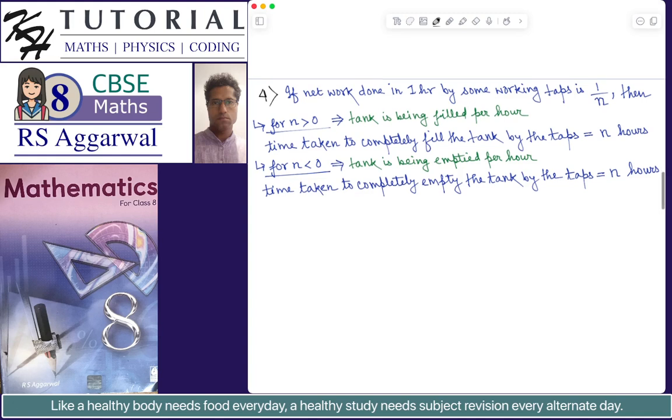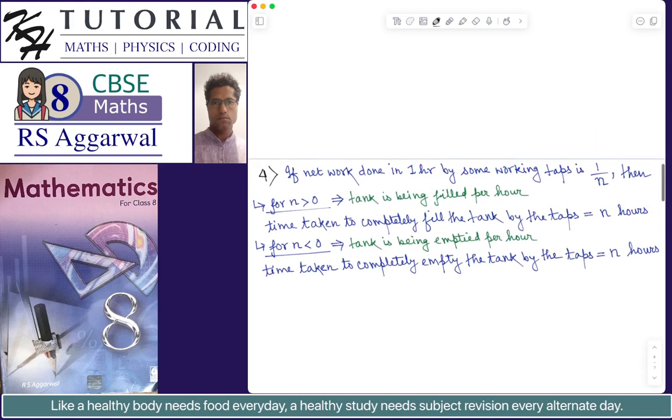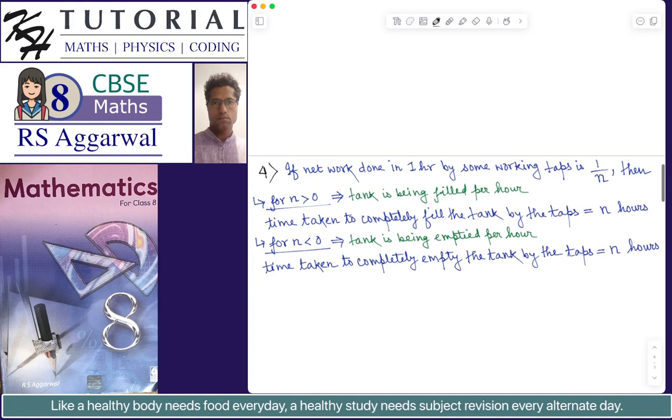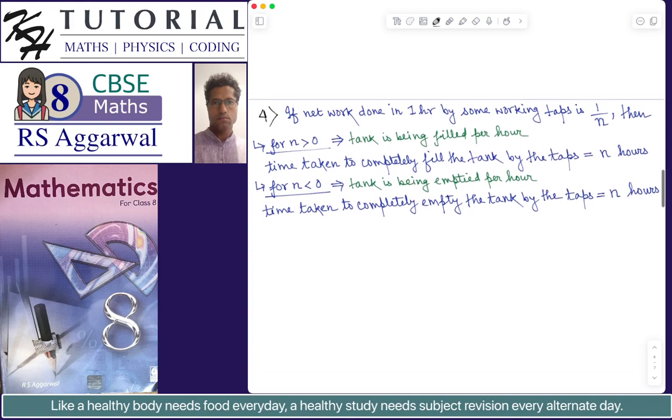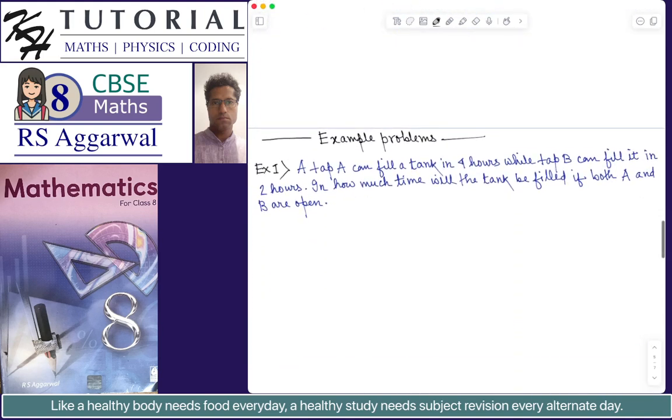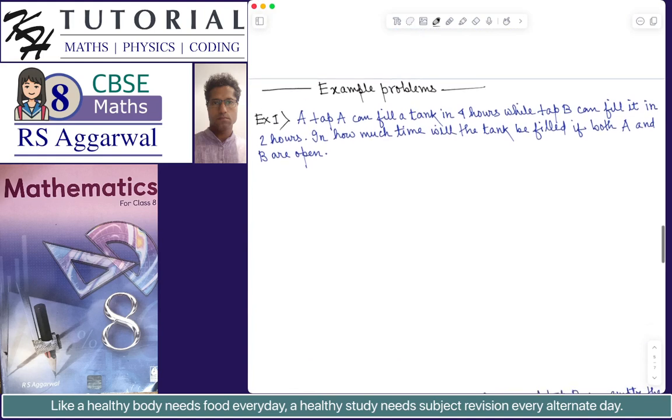Okay, now I think these are all the concepts that are important to keep in mind and understand to solve problems on pipes and cisterns. Now let's solve a few example problems to see how we are applying these concepts.